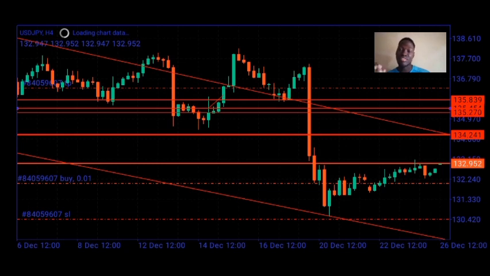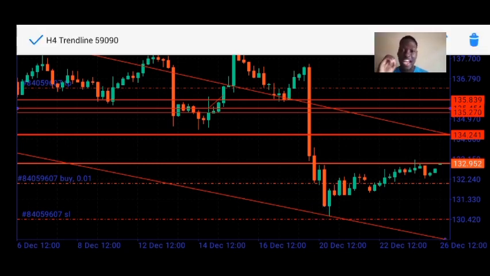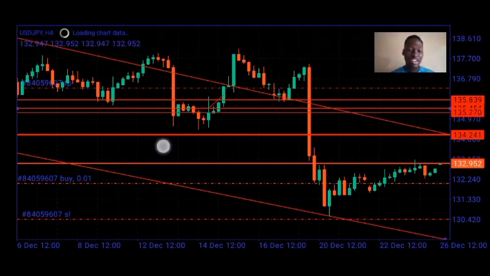Then you put your take profit at the second one here, so that you close some of your profit before the market makes its way all the way up and takes all the profits it has given you.